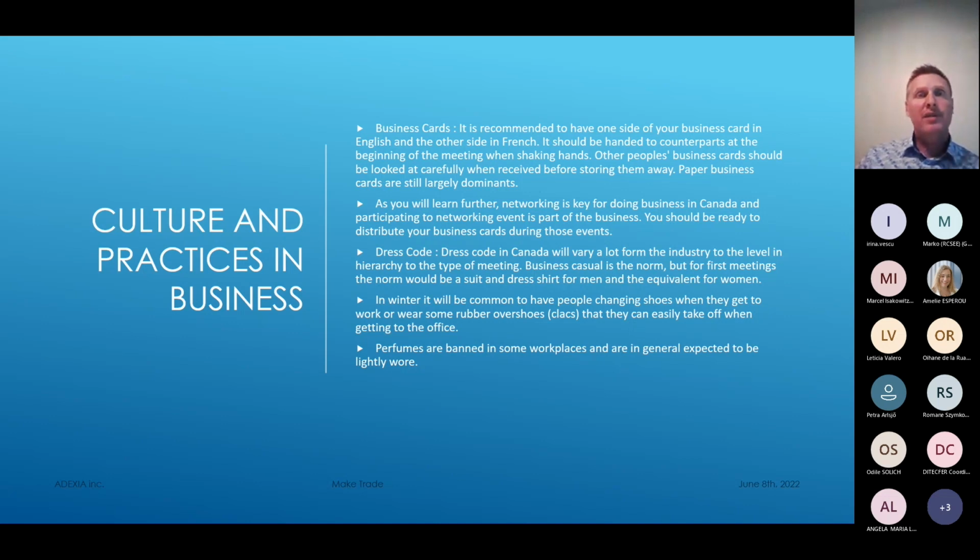When someone gives you their business card, they're expecting you to have a look at it and to take care of it. And one thing I'm going to talk about a lot later is how important networking is in Canada when it comes time to do business. Because networking is so important, the business card is definitely one of the means to have something to exchange.